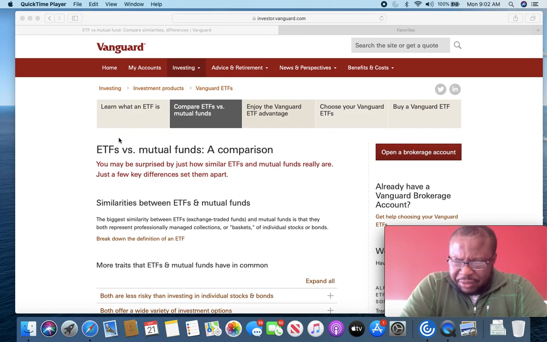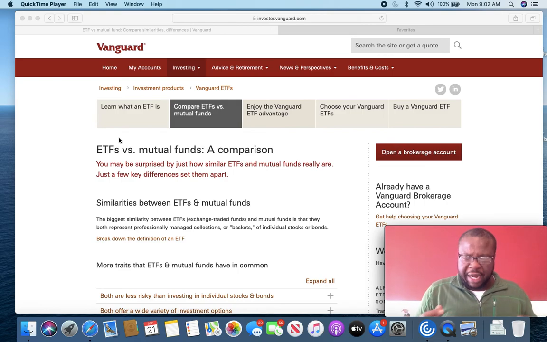ETF, what is it? Like I said, it stands for exchange traded fund. A lot of terms, but it's not really that complicated. Whenever you hear the word fund, F-U-N-D, an investment, it basically means a basket of stocks, such as a mutual fund. A mutual fund is basically a basket of stocks. It's not just one company like AT&T. A mutual fund has multiple companies.